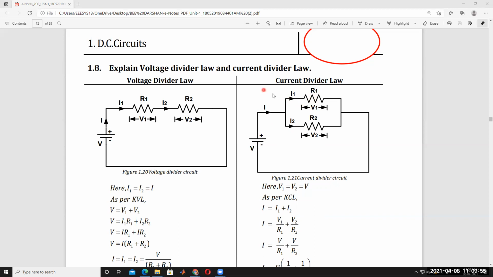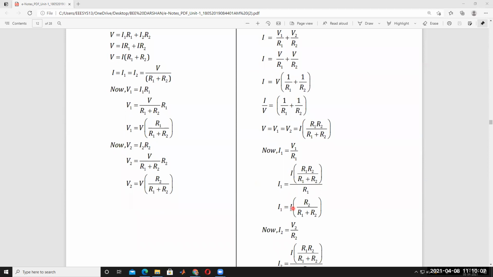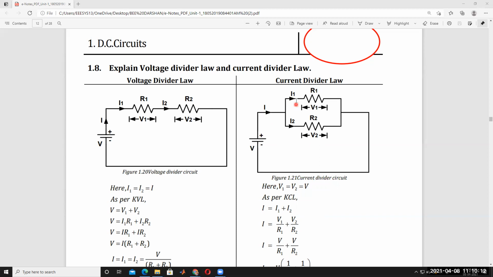So how to find the current I1? By using the current division rule, current I1 is equal to total current into the opposite resistor, that is R2, by R1 plus R2. If you want to find the current in this branch, I1, it is the total current into the opposite resistor, R2, divided by R1 plus R2.